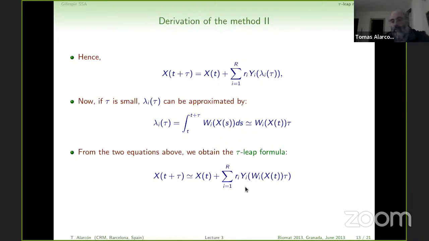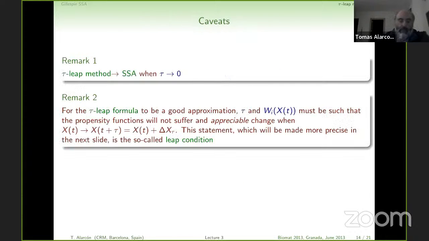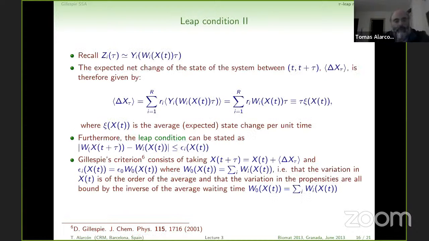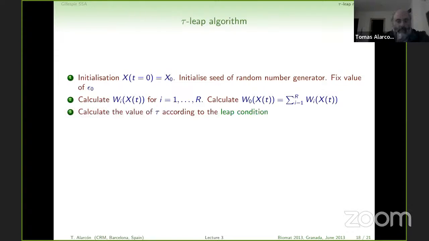Now we know everything, because this is part of the model. We have calculated it using the method, so we can sample these Wi quantities and apply this formula to update the state of the system.